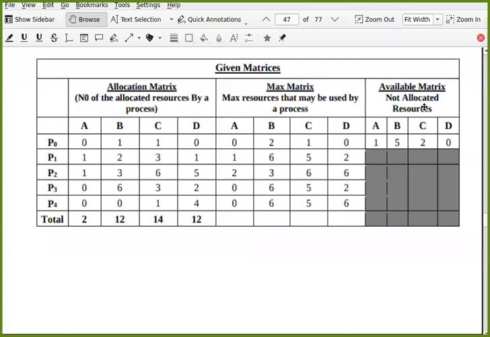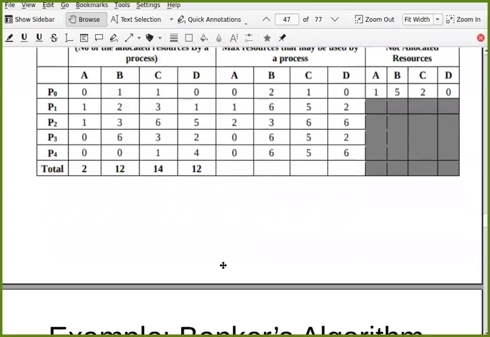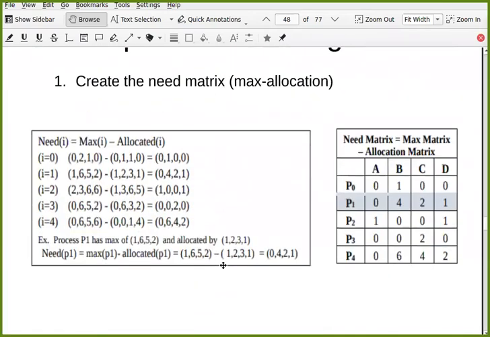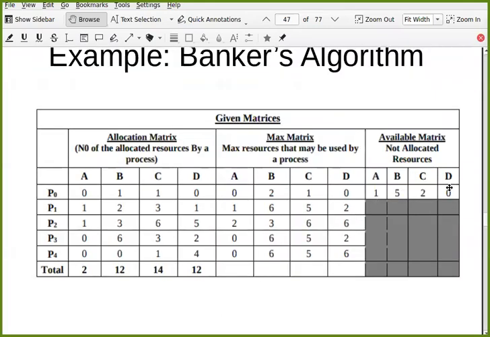This is V, this is C, and this is A. First of all, you need to create the need matrix. The need matrix is nothing but claim minus allocation, or max minus allocation. So this is your need matrix, and this is your available vector.